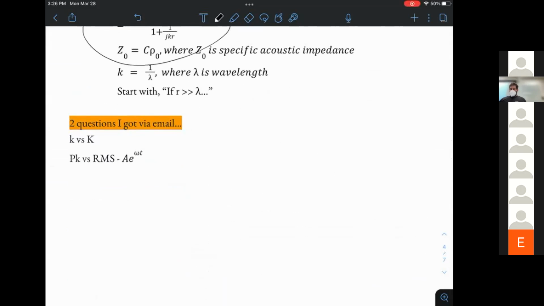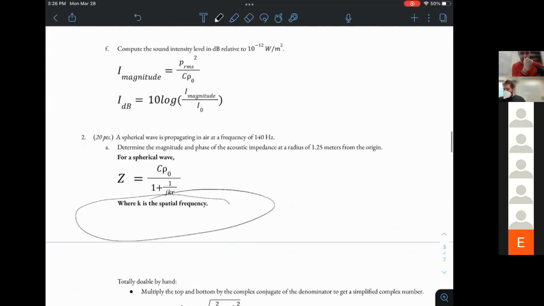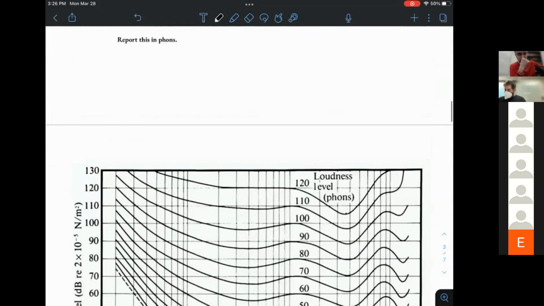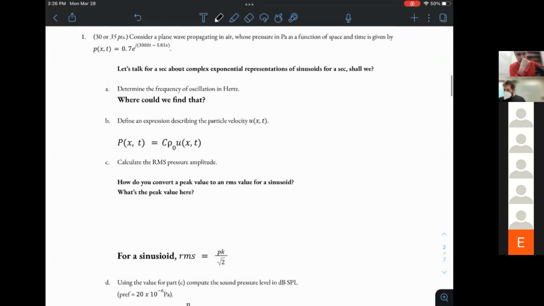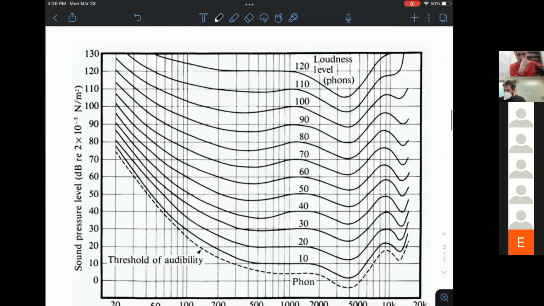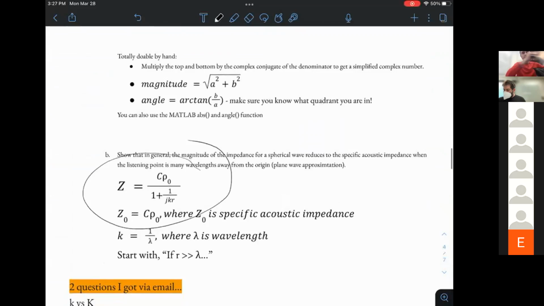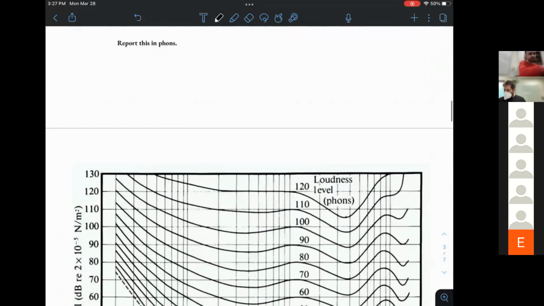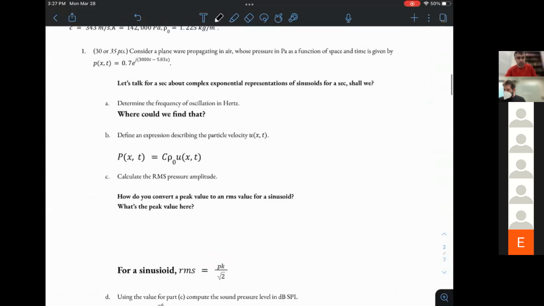Okay, and then someone else asked about peak values versus RMS values. Specifically, they were asking where is that part where we convert? Oh, here we go.